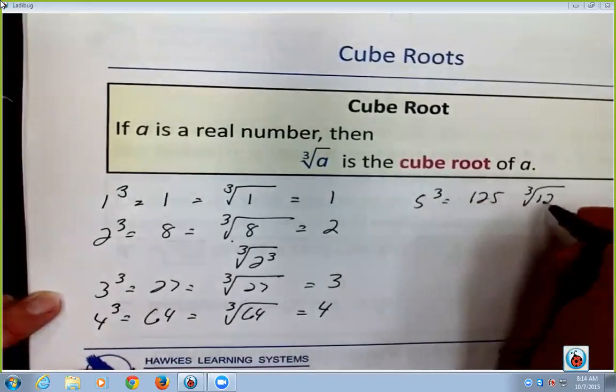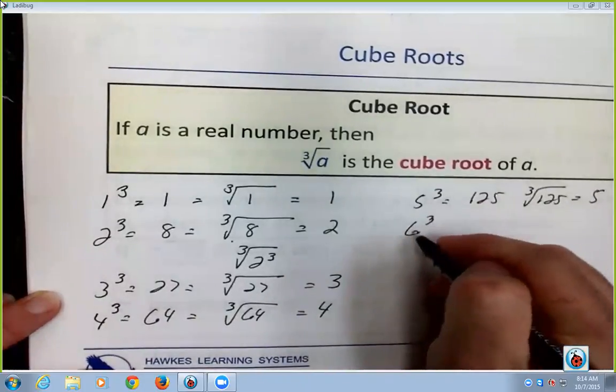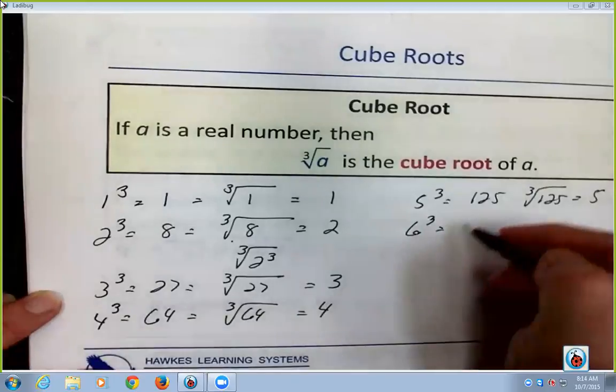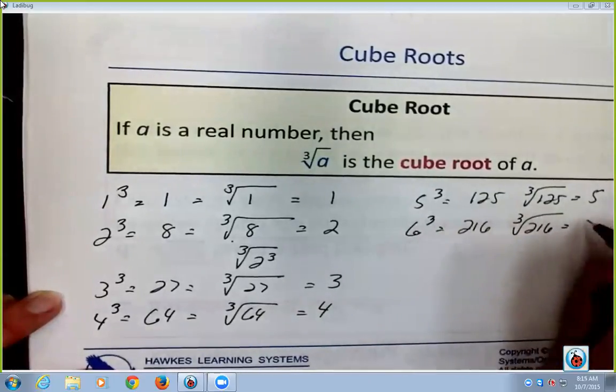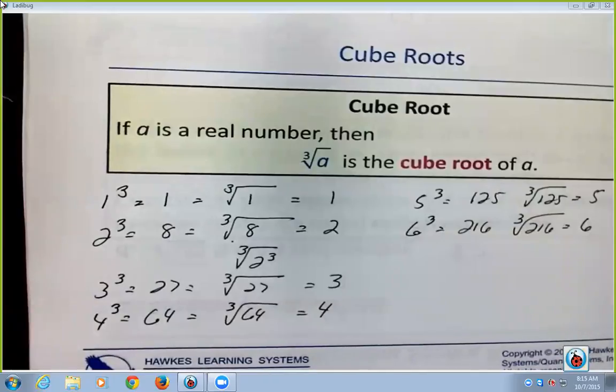So the cube root of 125 is, of course, 5. 6 cubed, so 6 times 6 is 36, times 6 will give me 216. So the cube root of 216 is equal to 6. And that's kind of the highest. If you know those, that's going to help you out. If you don't, yes?